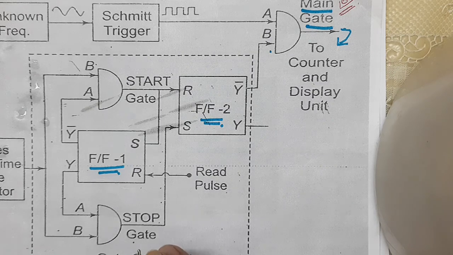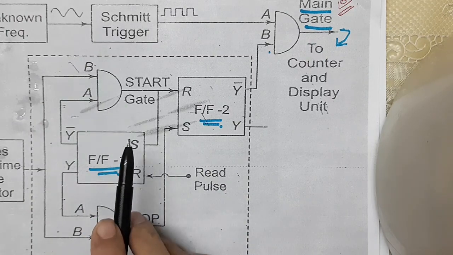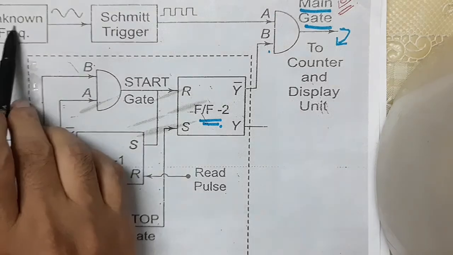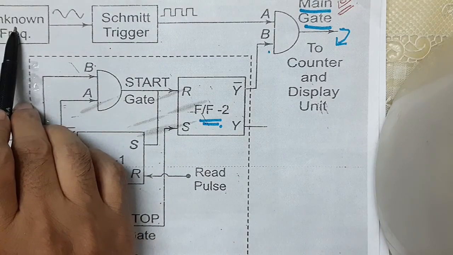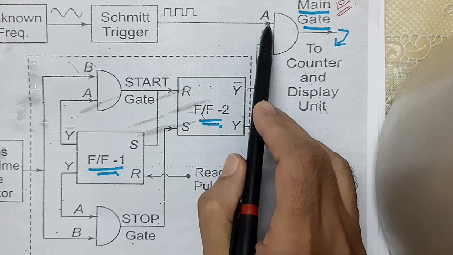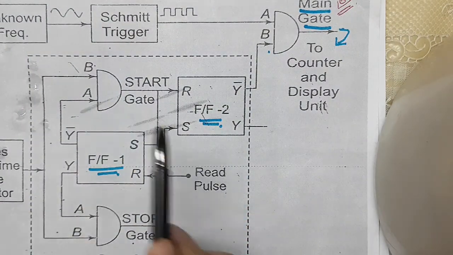Now we just see the last lecture's basic circuit for the frequency measurement. This is the circuit diagram for the basic circuit for the frequency measurement. The unknown signal that we want to measure is given to the main gate terminal A through this structure.